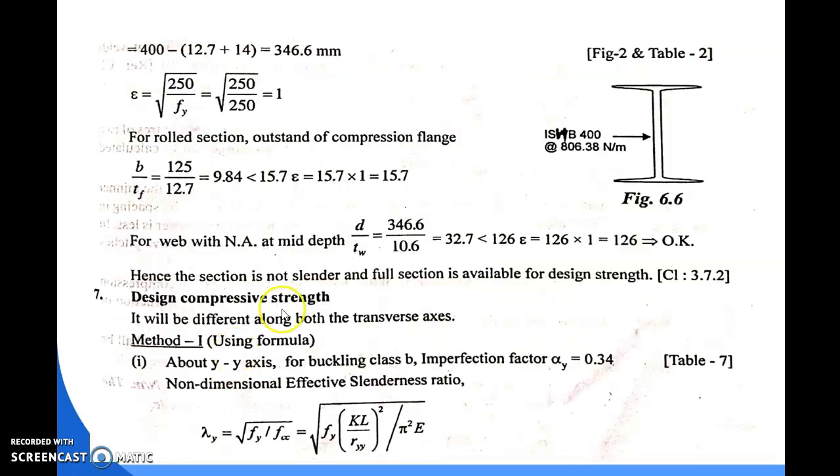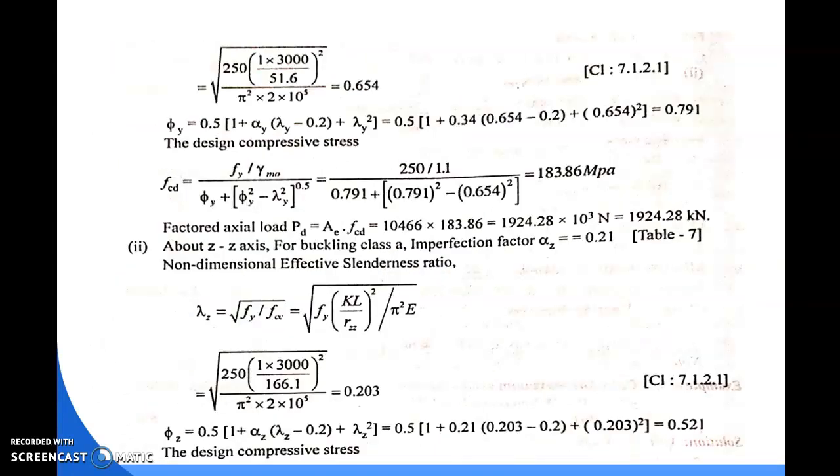So now we can find out the FCD value, which is the compressive stress value, equal to Fy divided by gamma m0, whole divided by phi plus the square root of phi square minus lambda square, to the power half. To solve this formula, we need to calculate the phi value and lambda value.